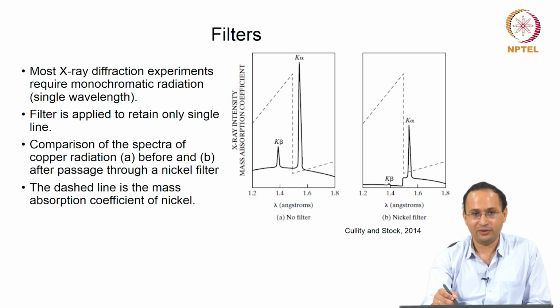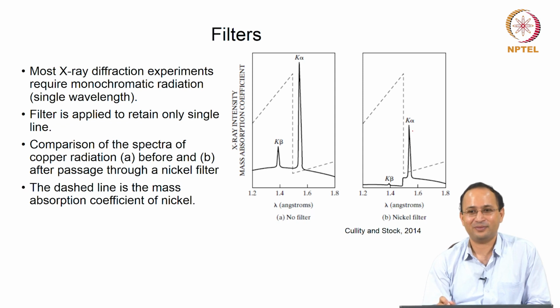When you apply a nickel filter, it has an absorption band between K alpha and K beta, so it will be able to absorb K beta. After applying the filter, you only see K alpha, not K beta. So this is one of the ways to filter it out.